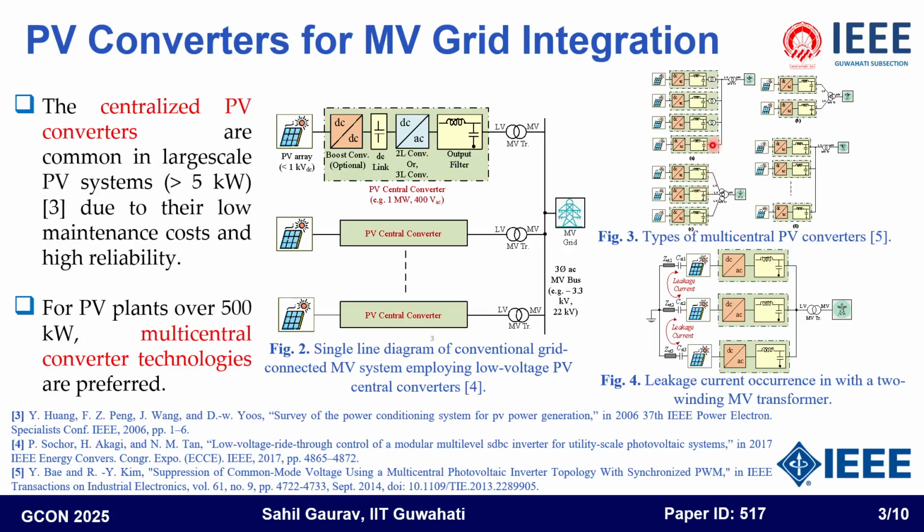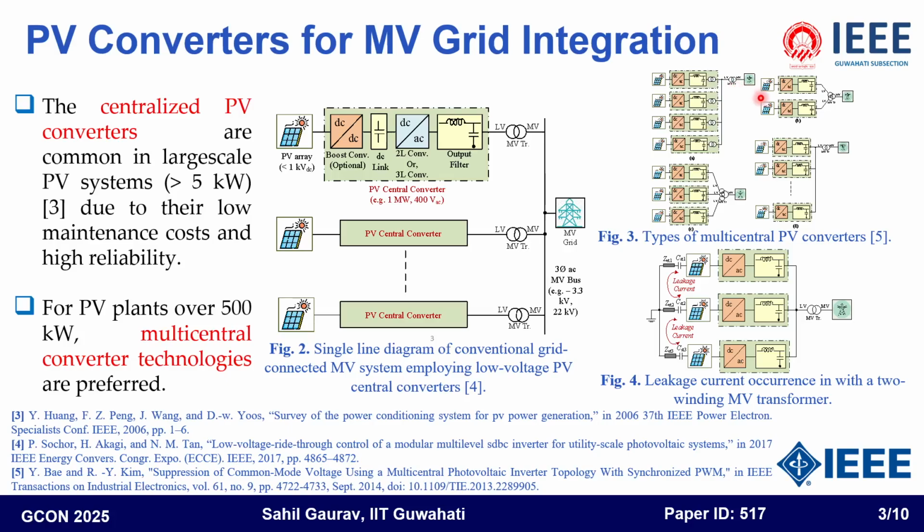If you see in figure number 3, there are different types of multi-central PV inverters with an MV transformer. The first figure shows each centralized converter with its own built-in low voltage transformer and then a two winding MV transformer.